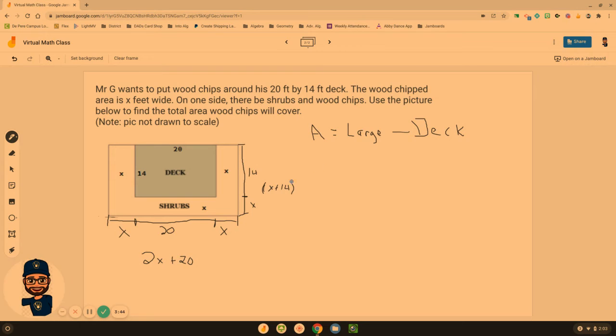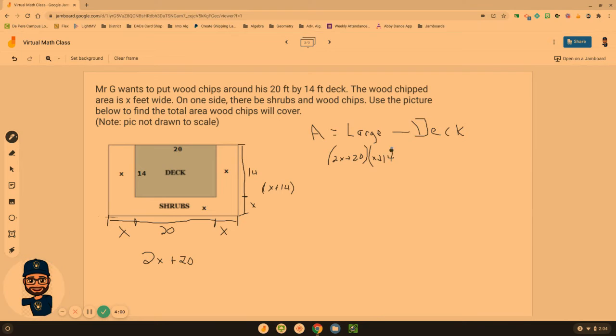We multiply those two to get the area of the large one: 2x plus 20 times x plus 14. Let's calculate that.